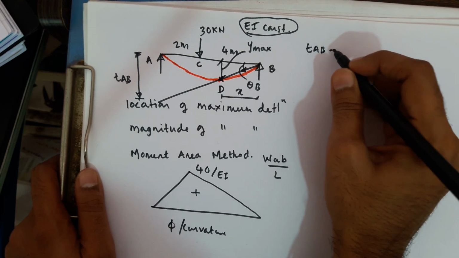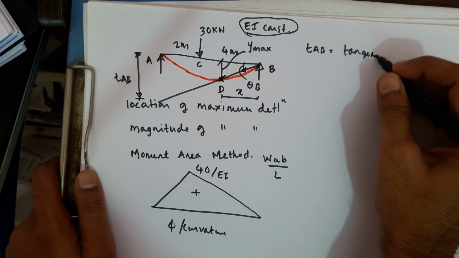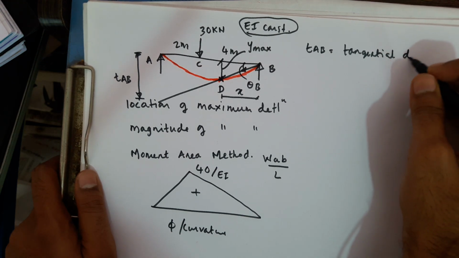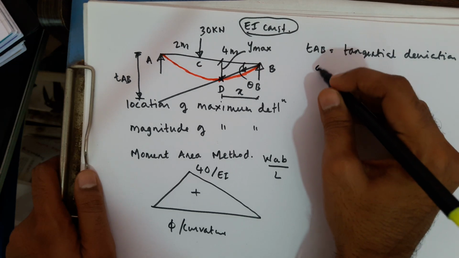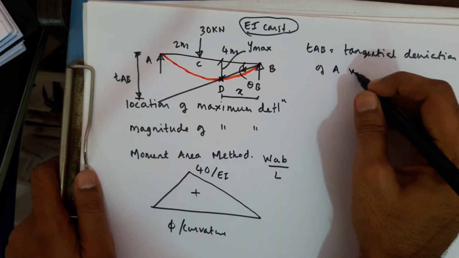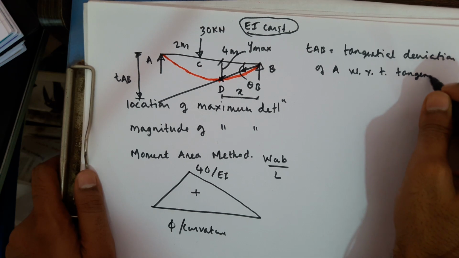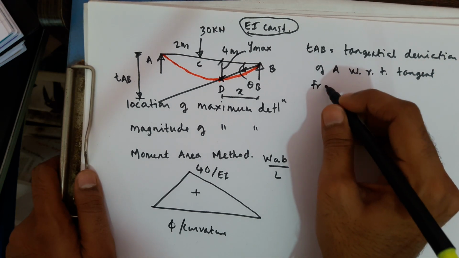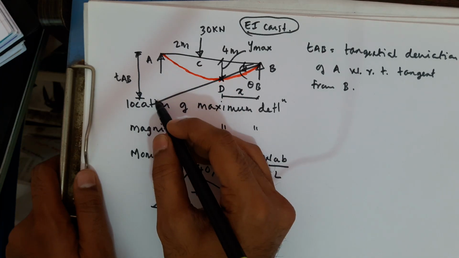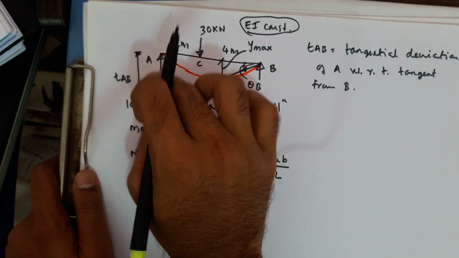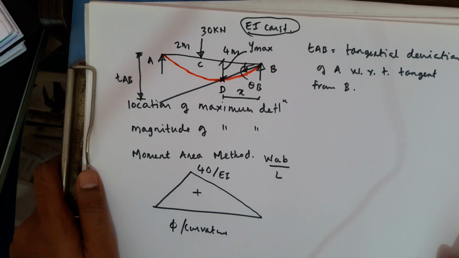TAB is nothing but the tangential deviation of A with respect to the tangent from B. You have drawn the tangent from B and this is the deviation of point A with respect to it. So how to calculate this?